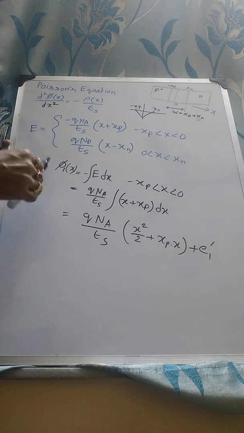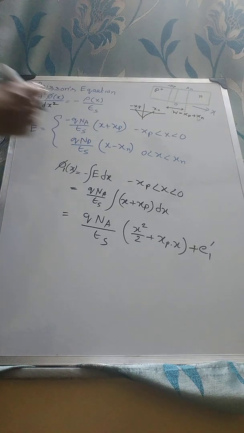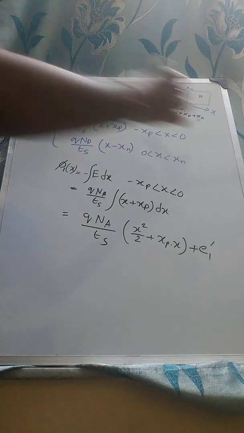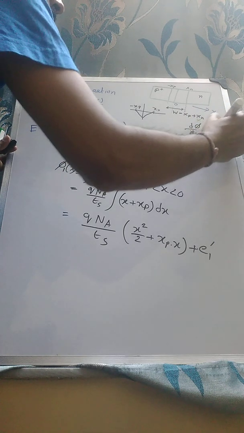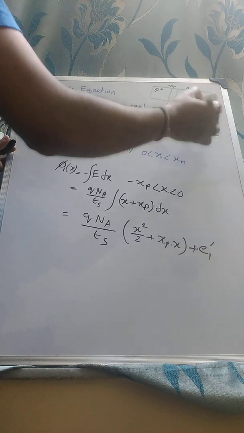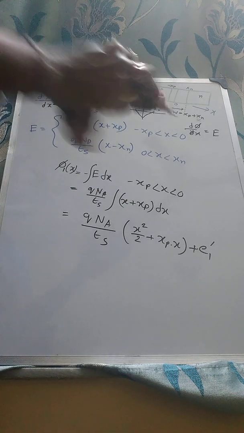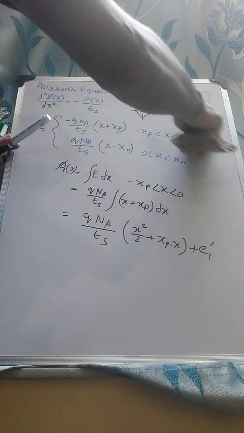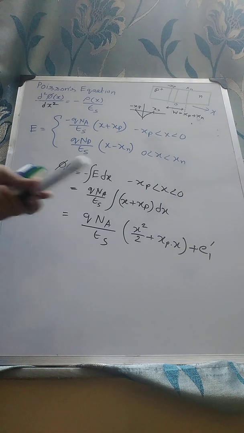But the same is not true for the potential, because potential and electric field are related by the condition that d phi by dx is E, right? So E being 0 means the change is not there, right? That doesn't mean that phi has to be 0. Phi can be a constant that would also give you the same result. So we don't know what is the value of phi before Xp.